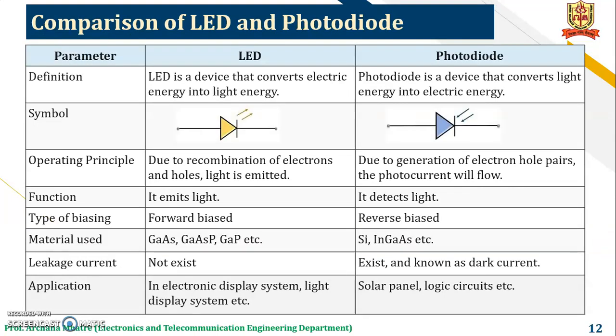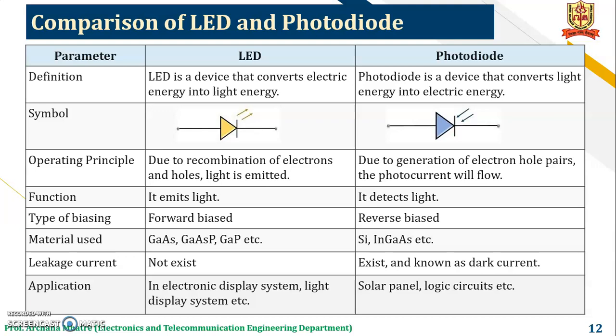Now, comparison of LED and photodiode. First parameter is definition. LED is a device that converts electric energy into light energy. Photodiode is a device that converts light energy into electric energy. Now, next is the symbol of LED and photodiode. Then operating principle.